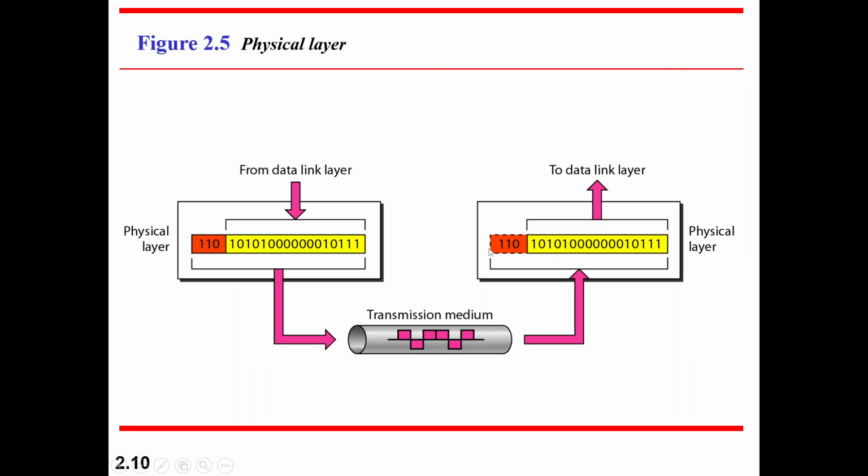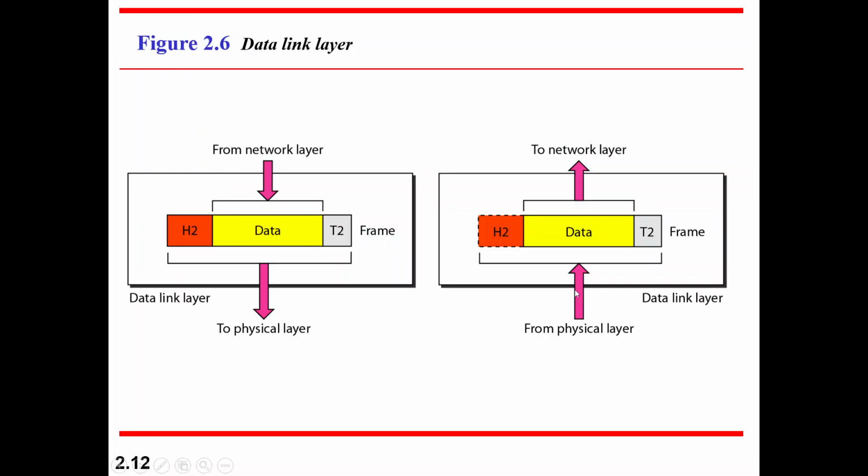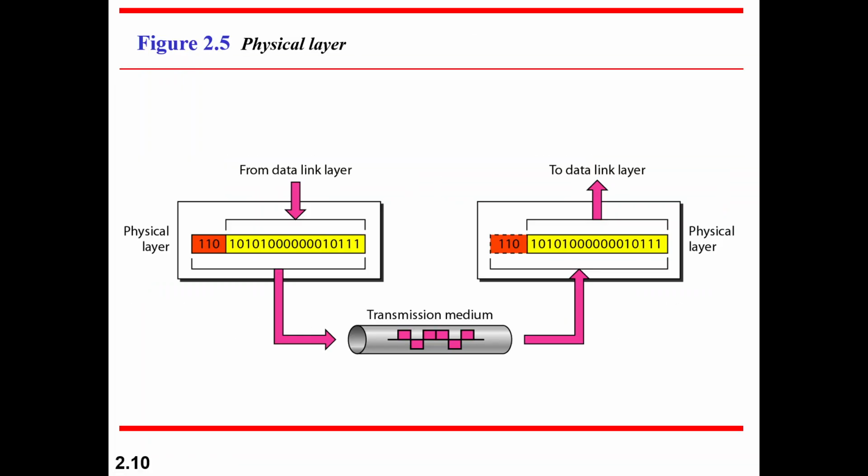The physical layer is responsible for the movements of the individual bits from one hop node to the next. The physical layer is also concerned with the following: physical characteristics of interfaces and medium. The physical layer defines the characteristics of the interface between the devices and the transmission medium.